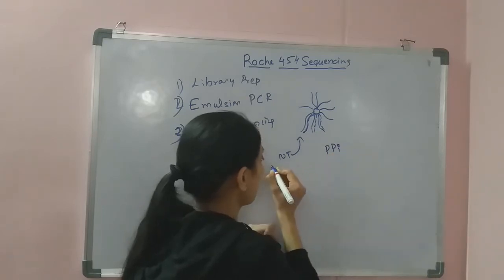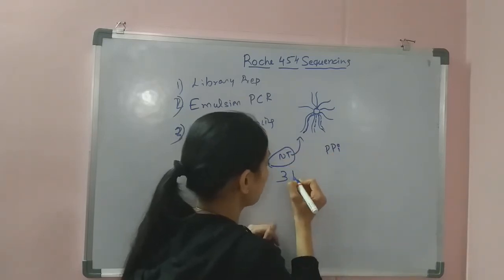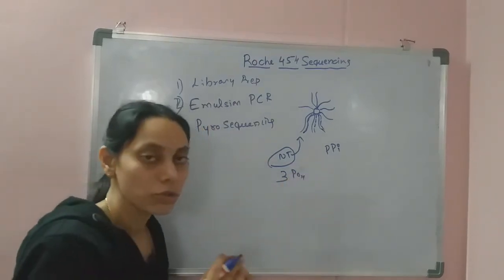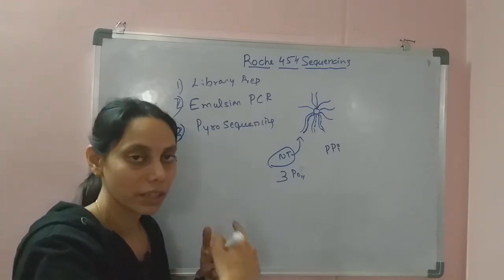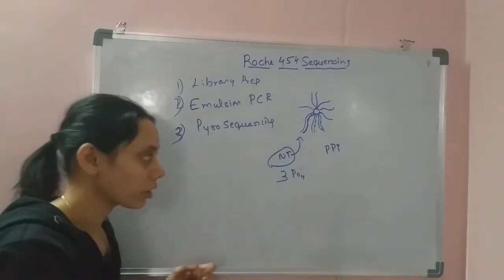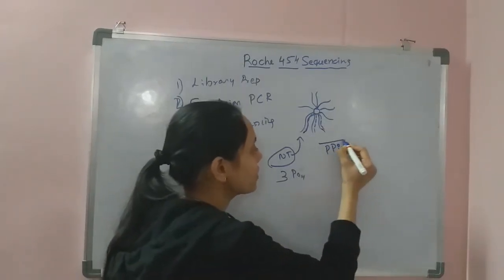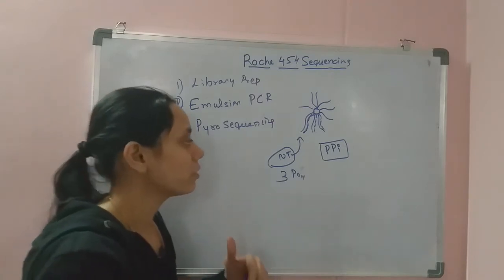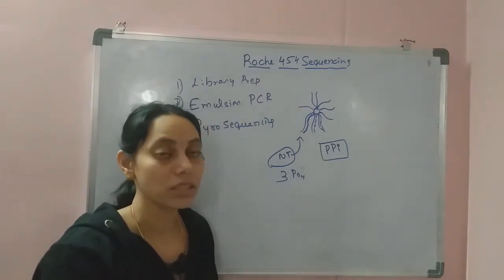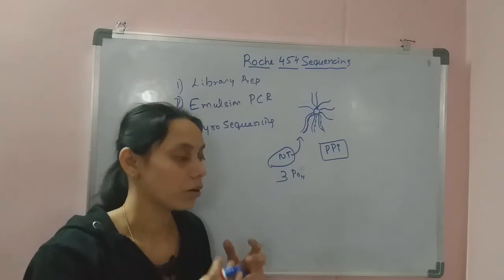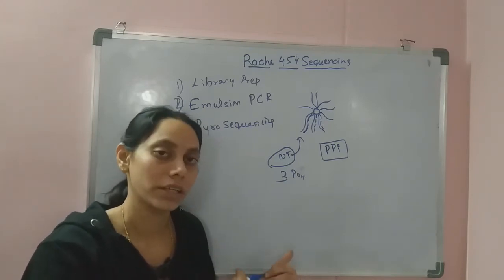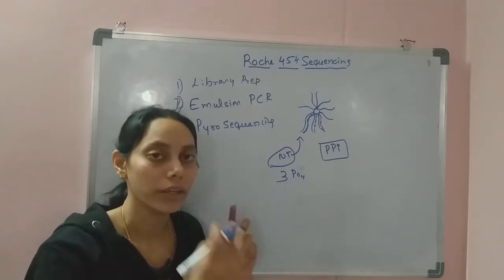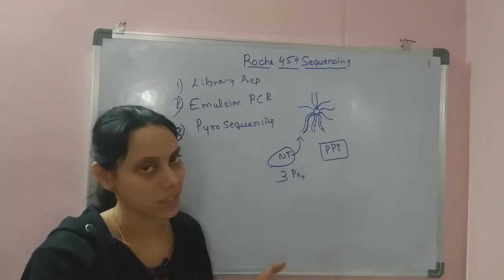That means among the three phosphate groups, two will be released and one will be involved in the phosphodiester bond formation. So the release of pyrophosphate is going to be monitored. Here we get another question: how will we understand what type of nucleotide is added when the pyrophosphate is released, because for all types of nucleotides the pyrophosphate is the same?